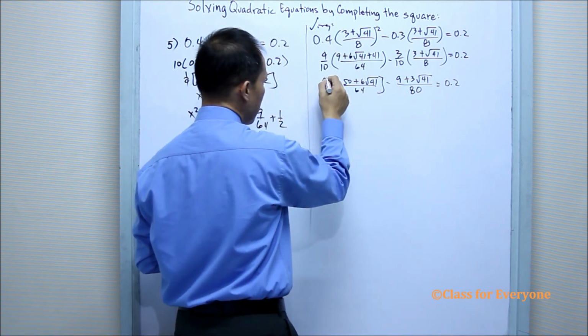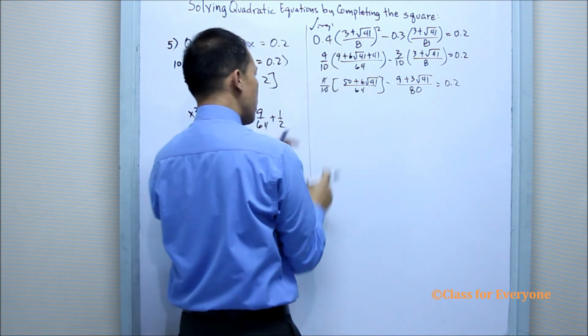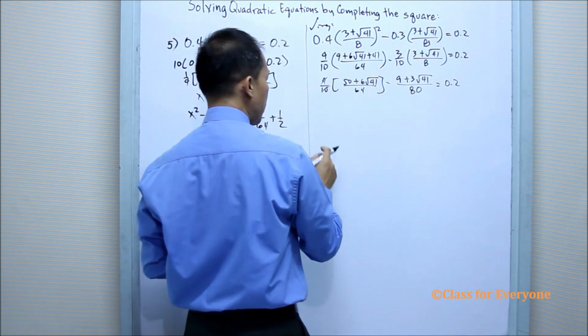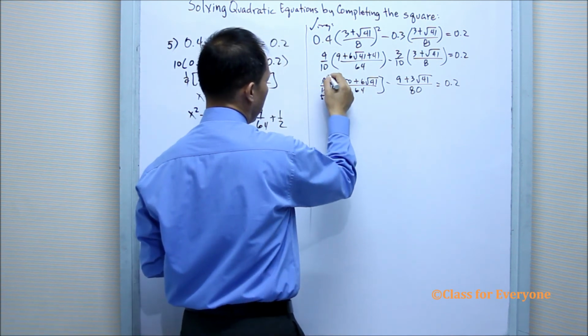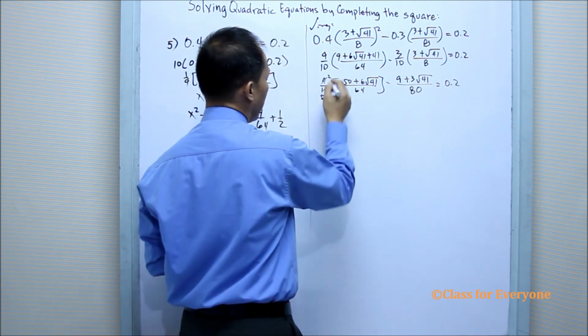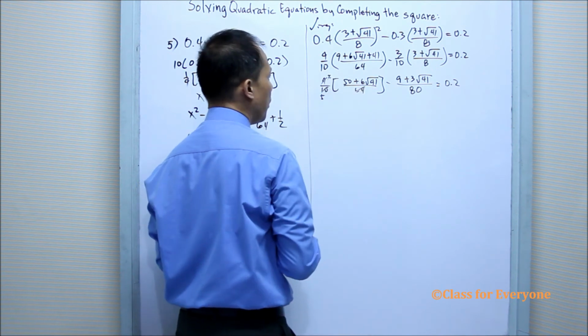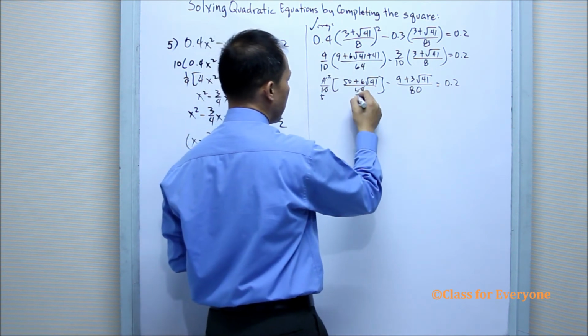We can simplify this into 5 and 2. And then 2 and 64 have a common factor, so this will be 32.